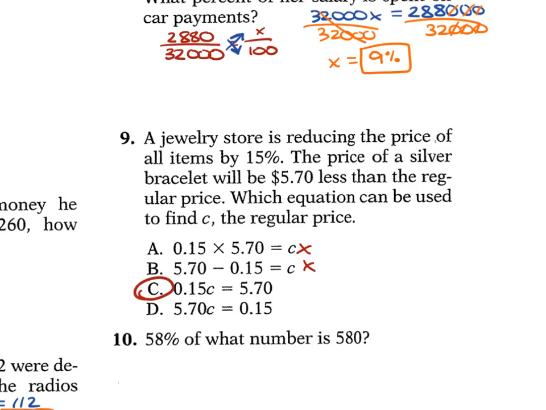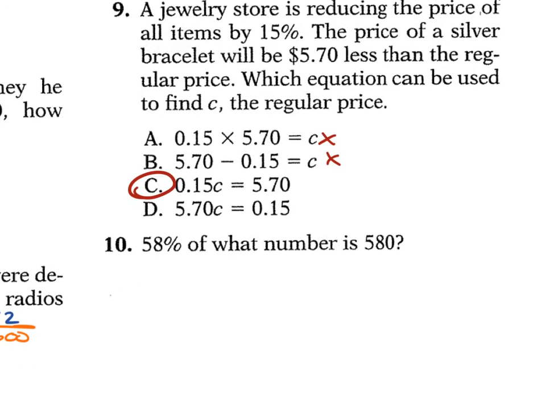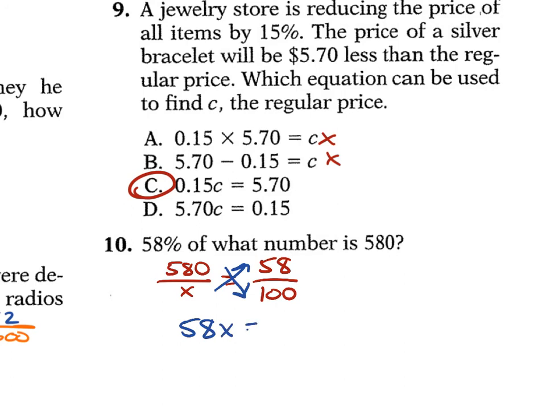For 10, it tells us 58% of what number is 580. So we can take 580 as our is over our of, which we do not have, so we're going to put that as x, is equal to 58 over 100. So we're going to cross multiply these. 58x is equal to 58,000.